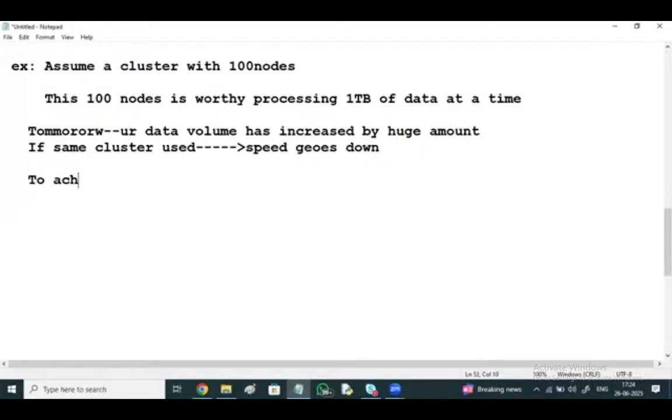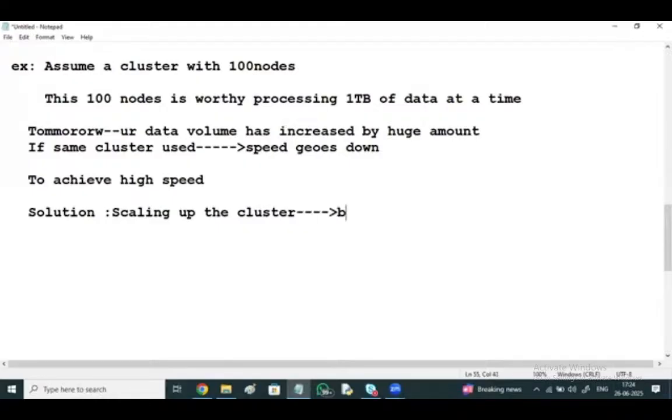So to achieve high speed, the solution is to increase the nodes. Yes, exactly. We say scaling up the cluster means adding more nodes, for example adding 50 new nodes.